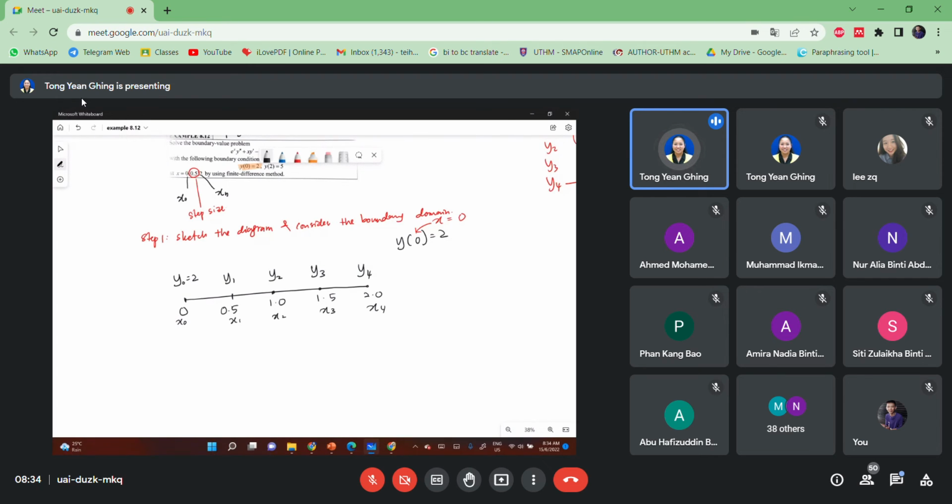The last one is right here, when x is 2, y is 5. So y4 is 5. So the boundary here, the first value is known and the last value is known as well. Now we have to find the values of y1, y2, and y3.